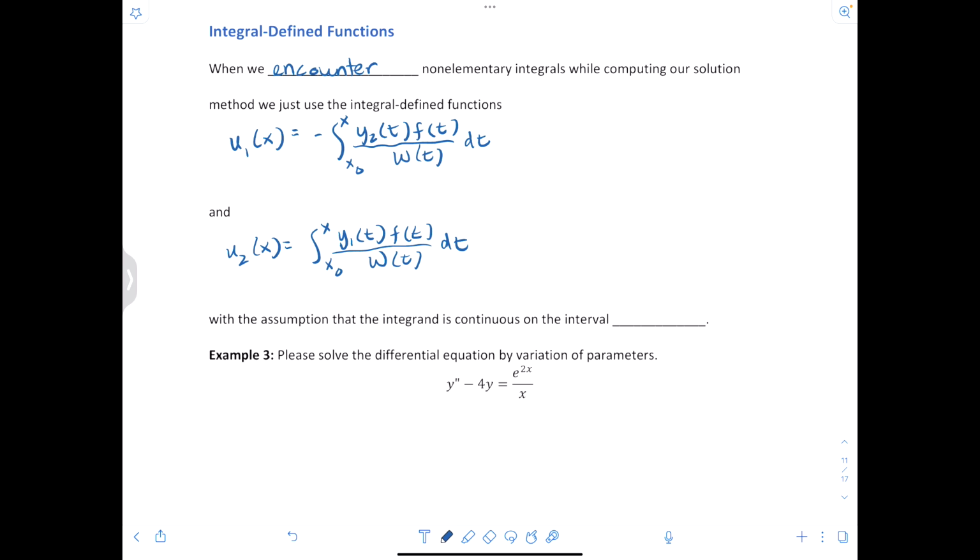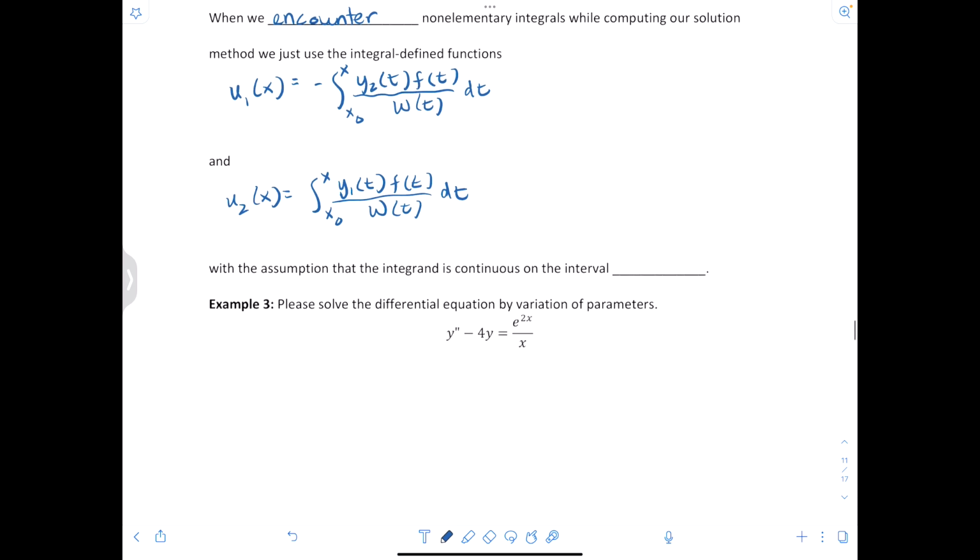With the assumption that the integrand, so this is like w2 over w in terms of t, and the first one was w1 over w in terms of t, is continuous on the interval from x0 to x inclusive.